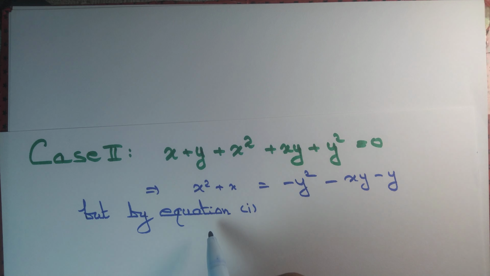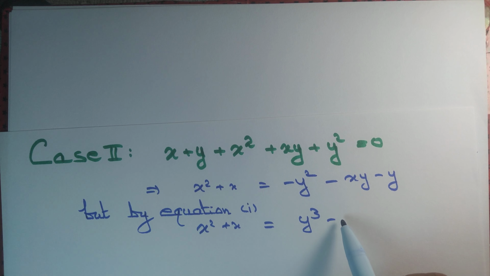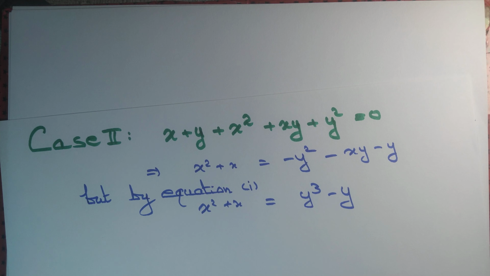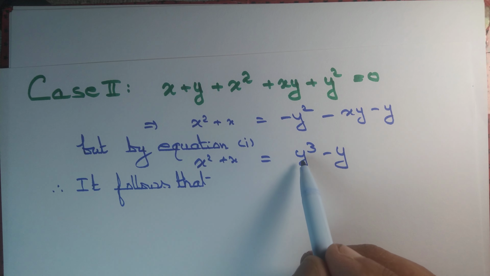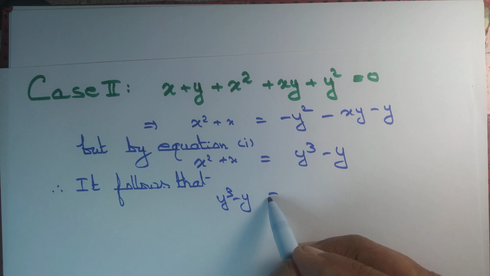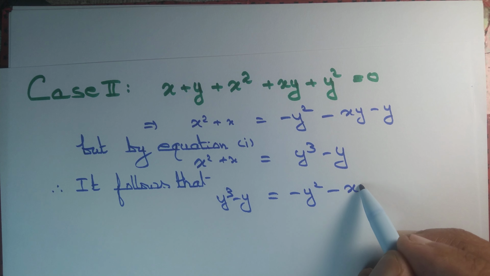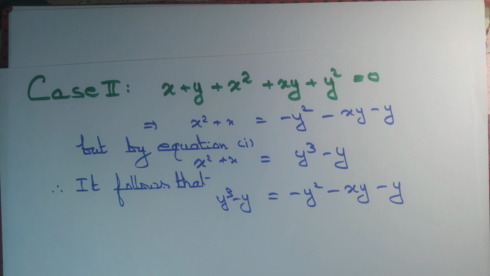In this case, taking the other quantities to the right hand side, x square plus x equal to minus y square minus xy minus y. But by equation 1, x square plus x equal to y cube minus y. If the left hand sides are equal, both being x square plus x, the right hand sides must also be equal. So y cube minus y equal to minus y square minus xy minus y. Well, I can cancel minus y from the left hand side and right hand side.